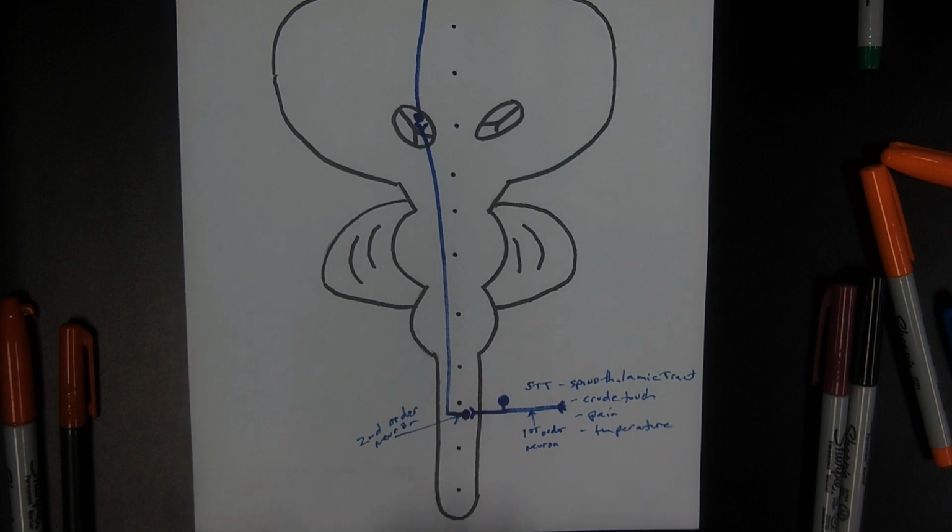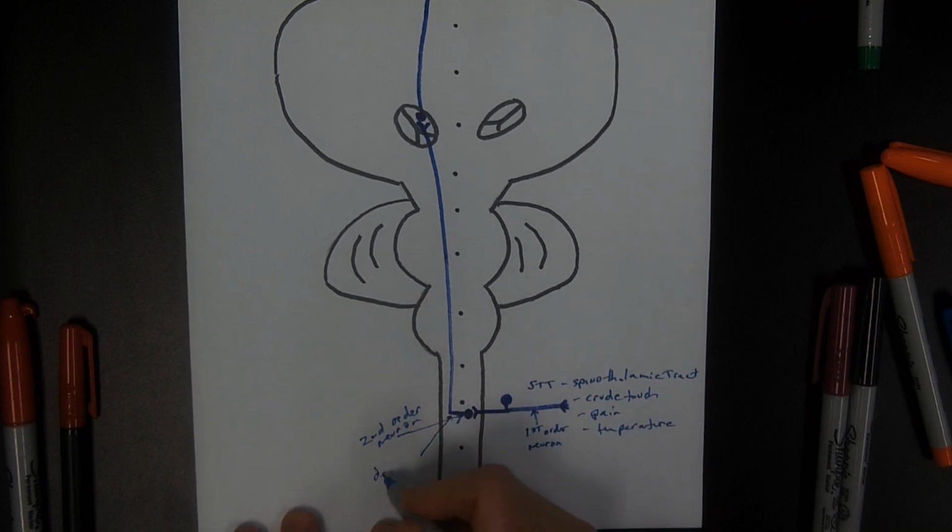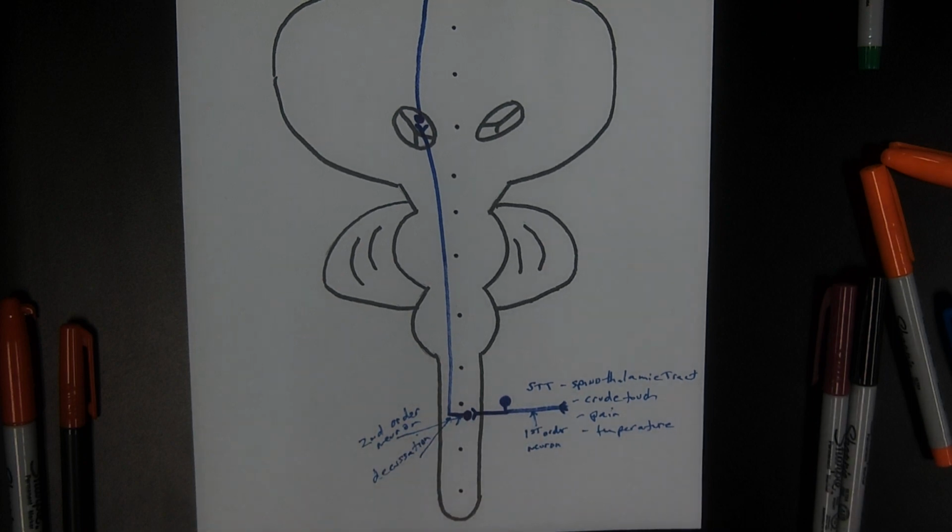And then, as you're going to find out, for the somatosensory systems anyway, it's going to be your second order neuron that decussates. So just coming over here to the opposite side, that's called decussation, D-E-C-U-S-S-A-T-I-O-N. It's always going to be your second order neuron that decussates in your somatosensory systems.